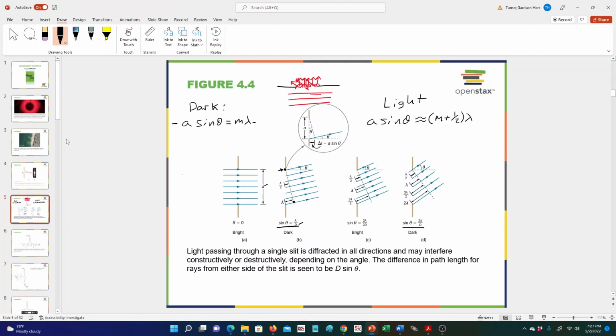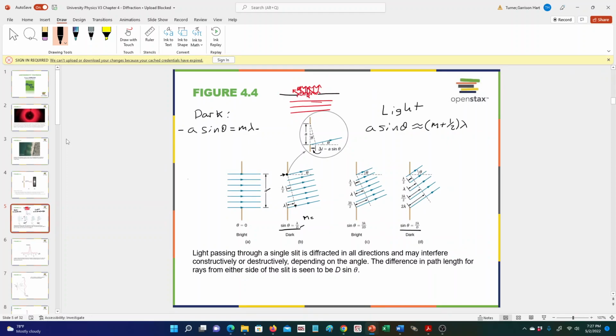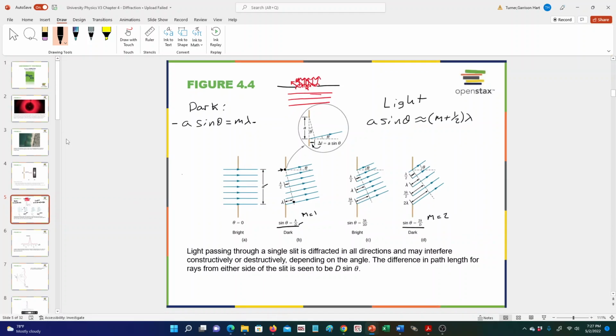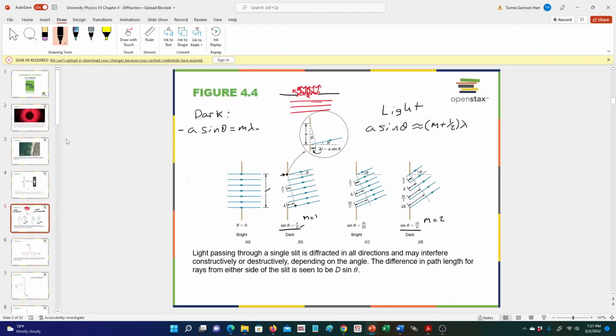So here m is equal to 1, here m is equal to 2, and so on. These are when the paths halfway between cancel out on either side, and you get that halfway cancellation throughout the entire array, essentially. So every ray will have an exact half integer wavelength that it cancels with.